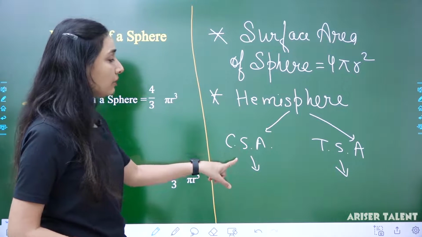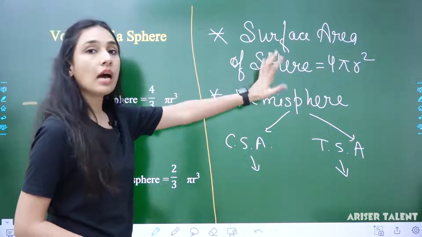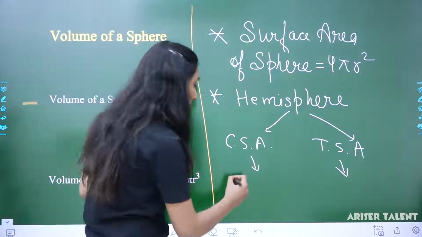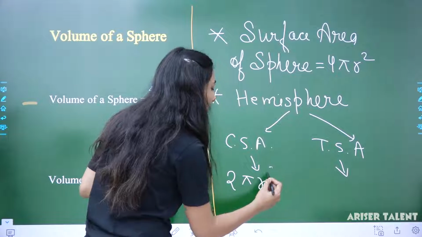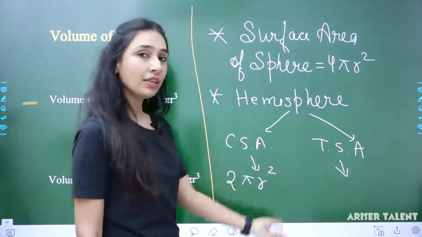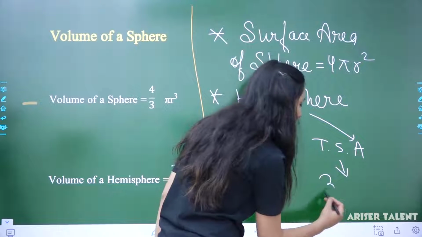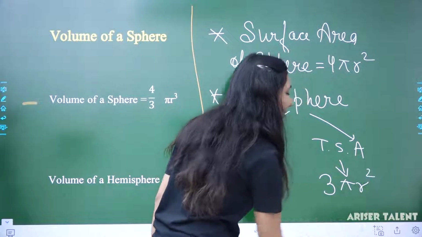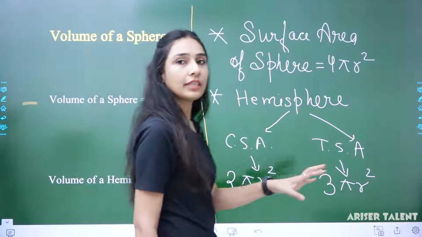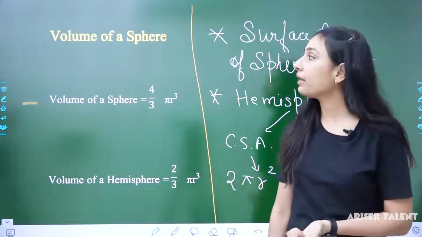Curved surface area is simply half the surface area of sphere, that is 2 pi r square. Adding the remaining 2 pi r square, it's 3 pi r square, and that is the total surface area. These were the formulas we studied in the surface area section.